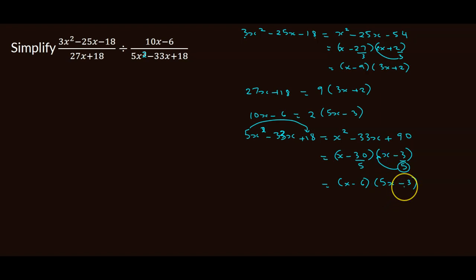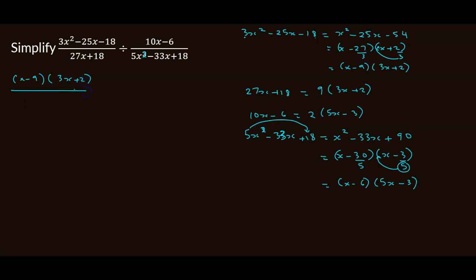So let's go ahead and simplify. Now that we have created our factors, we have expressed each of these polynomials or expressions as a product of their factors. We're going to now replace each of them with their product of factors. So this is going to be x minus 9 and then 3x plus 2.